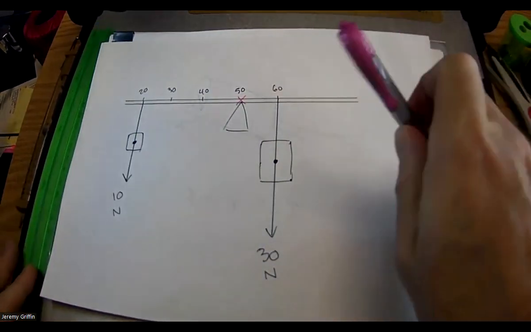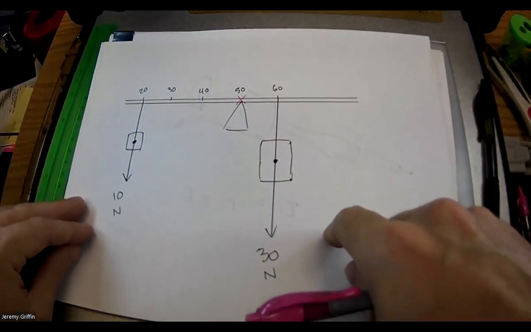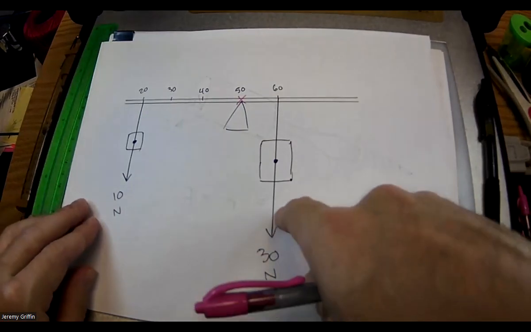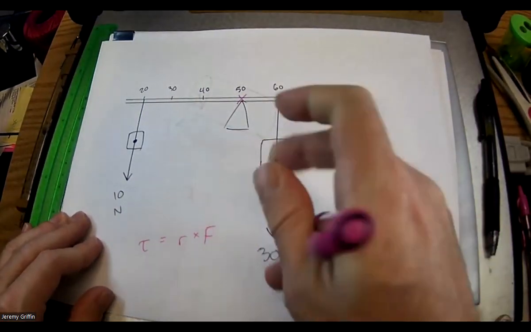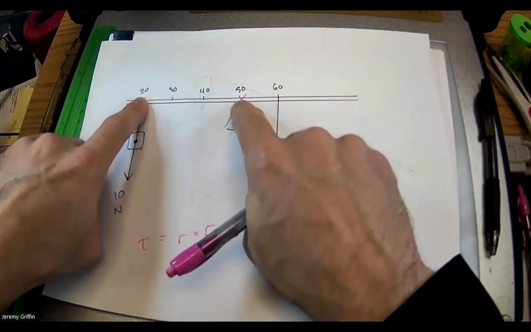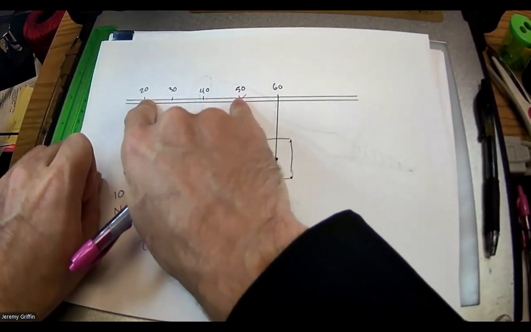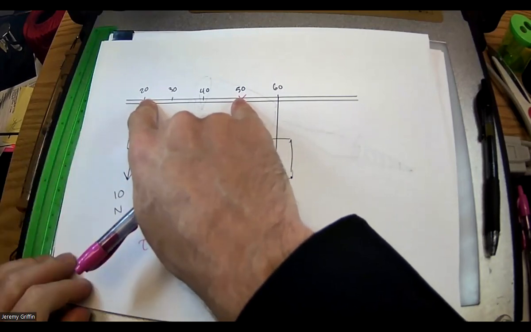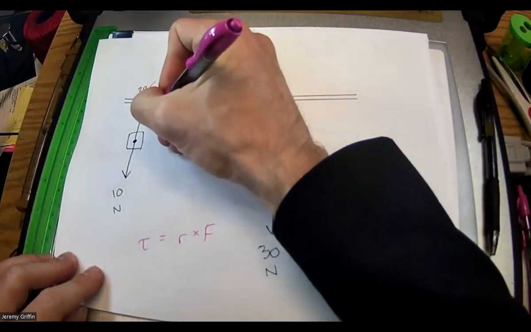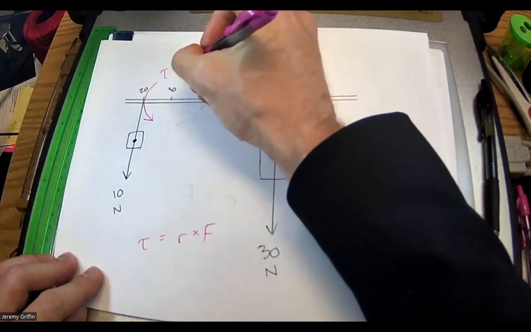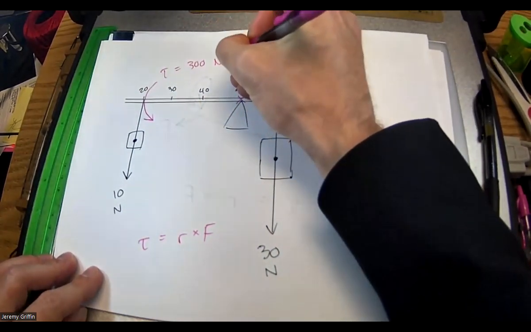No. All right. So here, this ends up being the answer. Let's take a look in terms of torque equals R cross F. You guys see here, what's this lever arm right here? 30 centimeters. What's 30 times 10? That's 300. Isn't this torque equal to 300 Newton centimeters?